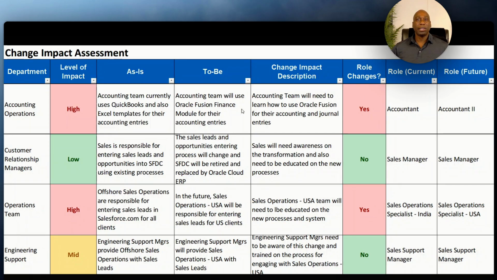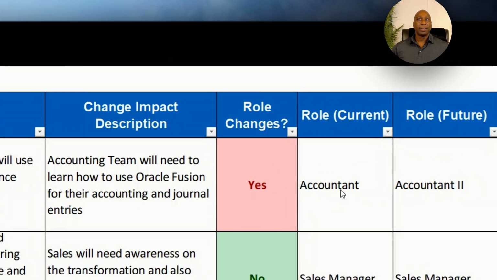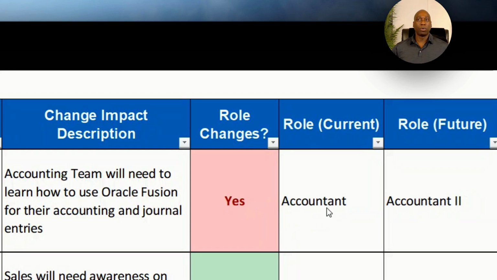You will also see, if you look to the right, that the role for this particular process is changing. Currently, the accountant job role is responsible for this process, but in the future, this process will be transitioned to the accountant 2 job role.